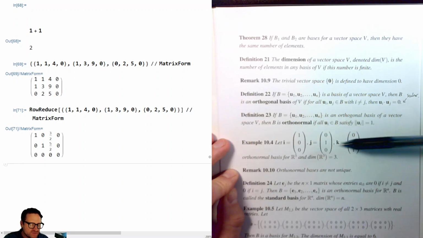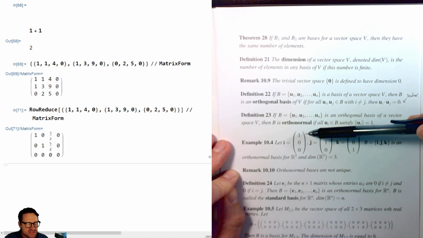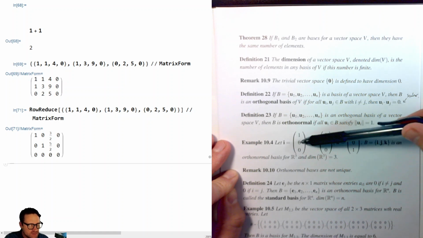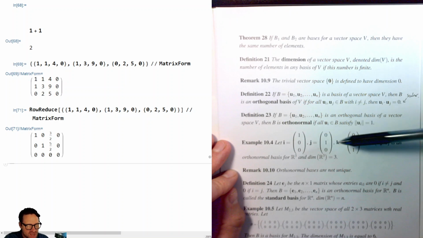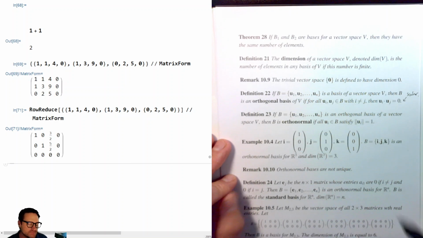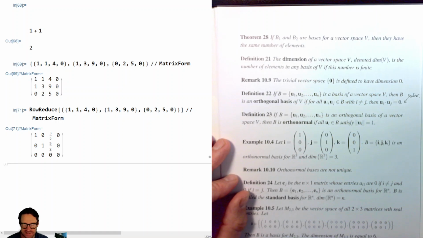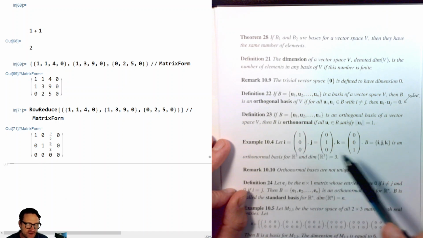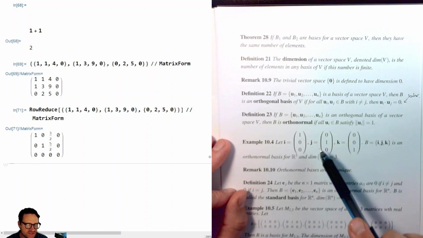Now, an example of an orthonormal basis is the standard basis elements, E1 or i, j, k, which you've been using. These are the usual basis elements for 3-space, right? But of course there are other bases for 3-space. This one happens to be very nice because these vectors are orthogonal to one another and they all have norm 1.